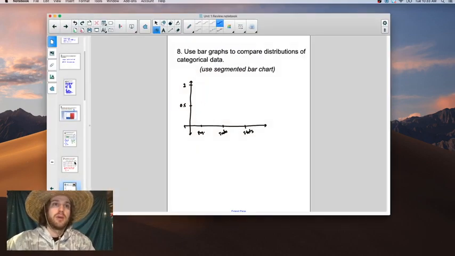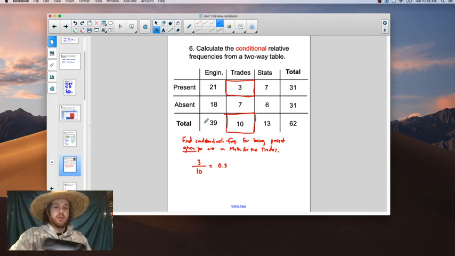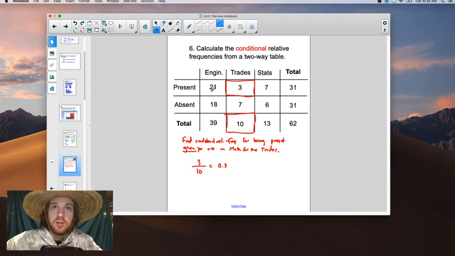So if we're talking about people that are present, 21 out of, let's look out of the total 39 here. So out of the 39, 21 divided by 39 is like 53.